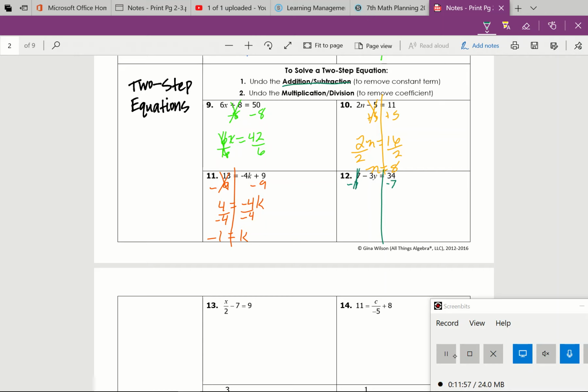These go away. Negative 3y. Now I'm going to divide by the negative 3. You know your answer is negative because of tic-tac-toe, positive and negative. And 27 divided by 3 is 9.